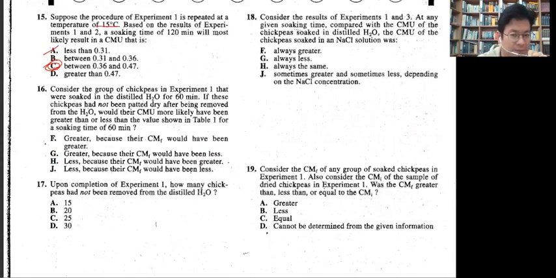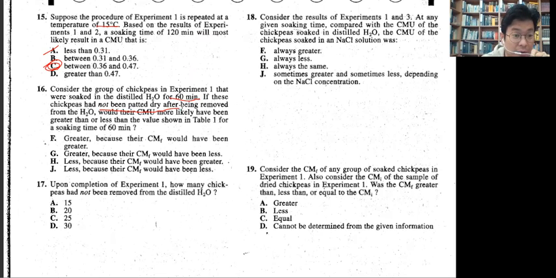And then consider a group of chickpeas in experiment 1 that were soaked in distilled H2O for 60 minutes. The chickpeas were not patted dry after being in the H2O.